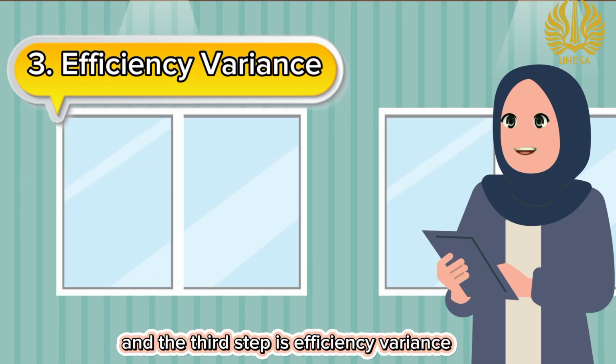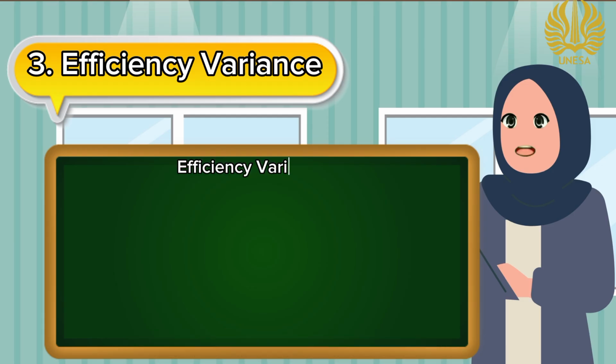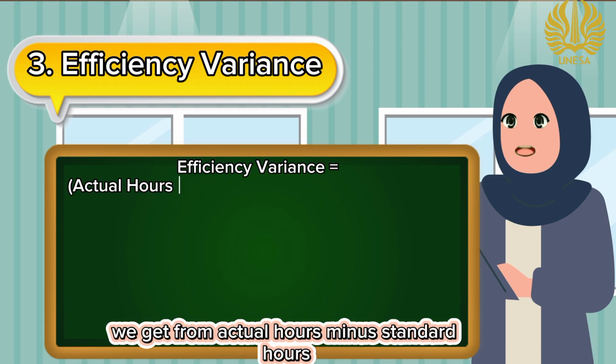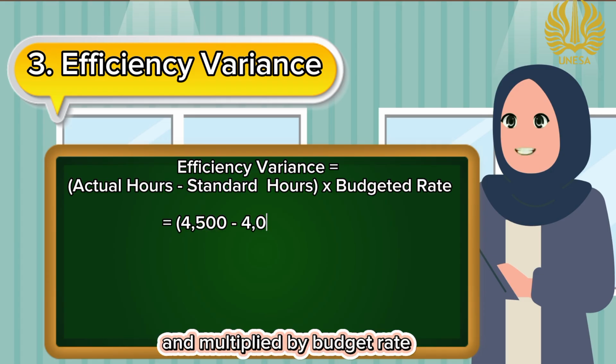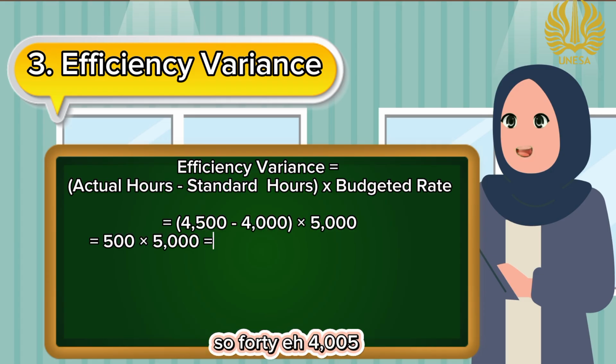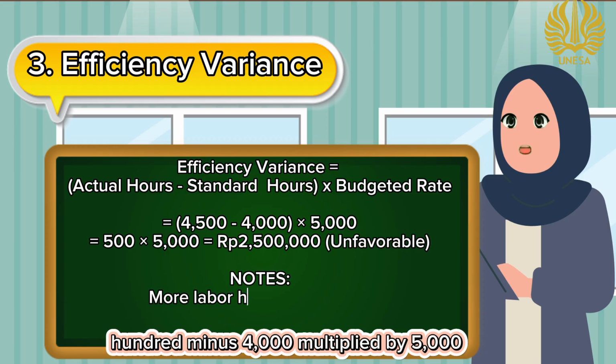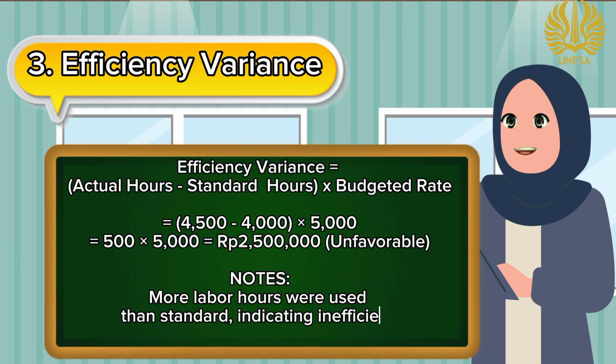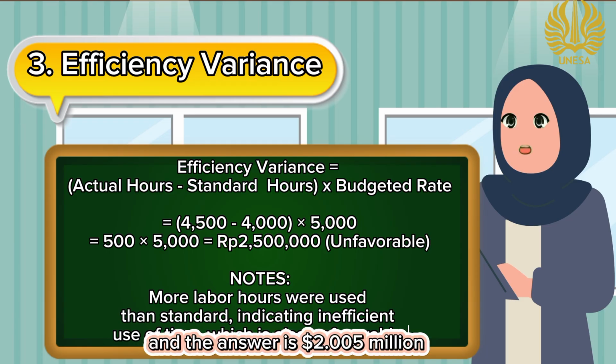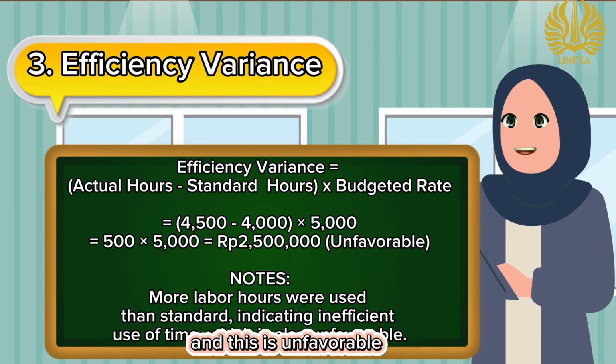And the third step is efficiency variance. Efficiency variance we get from actual hours minus standard hours multiplied by budget rate. So 4,500 minus 4,000 multiplied by 5,000, and the answer is 2,500,000, and this is unfavorable.